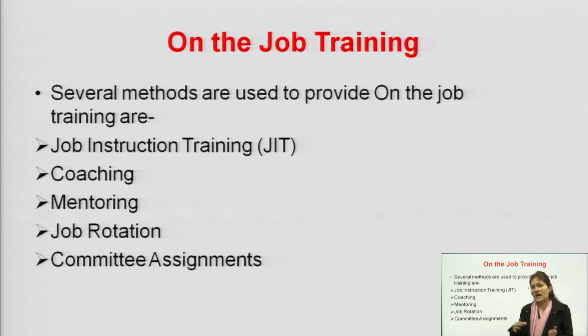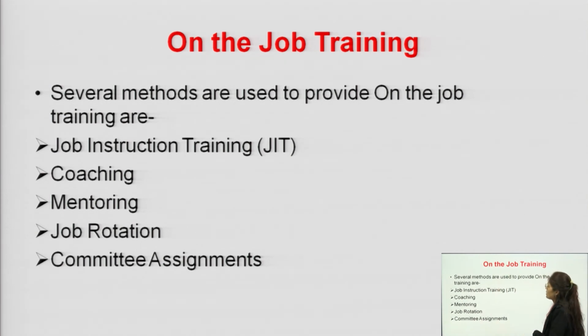And after the mimicry, the trainer gives feedback. That means in the last step he gives feedback on how he performed and what kind of correction he has to make to make the whole operation effective.